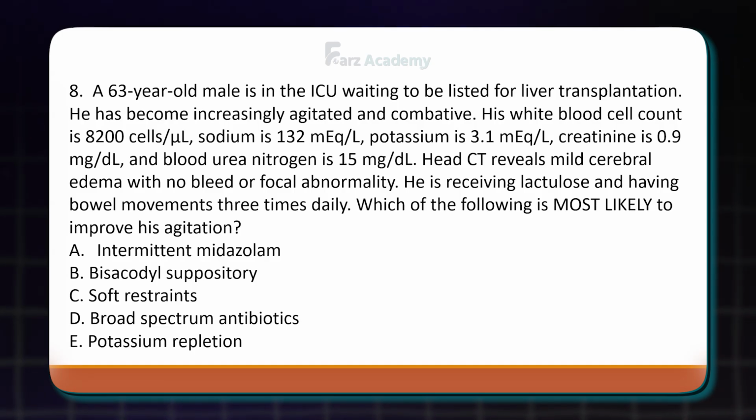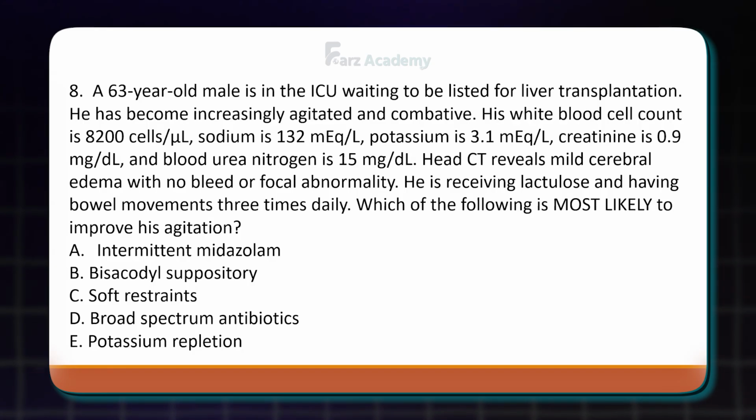CT reveals mild cerebral edema with no bleed or focal abnormality. He is receiving lactulose and having bowel movements 3 times daily. Which of the following is the most likely to improve his agitation? Intermittent midazolam, bisacodyl suppositories, soft restraints, broad spectrum antibiotics, or potassium repletion.